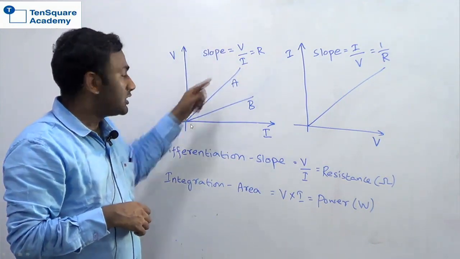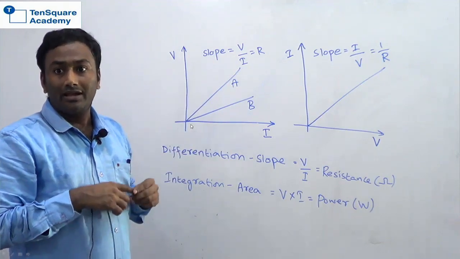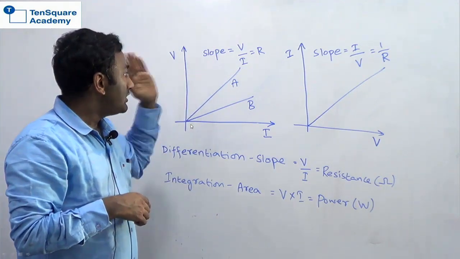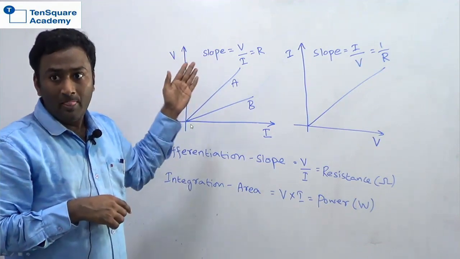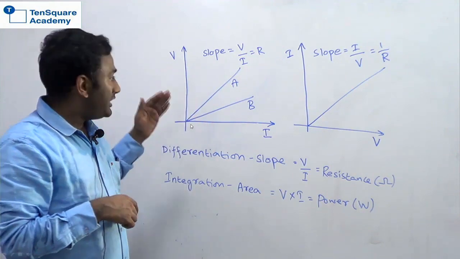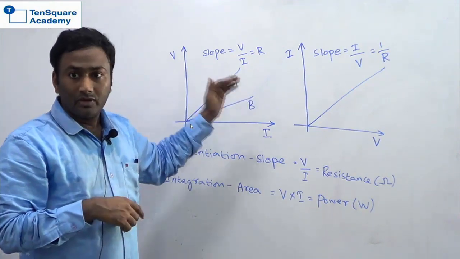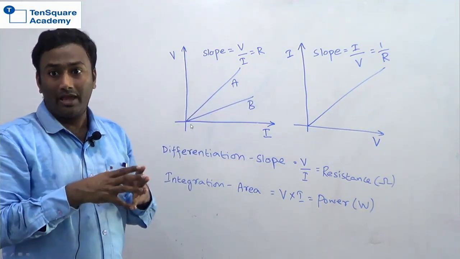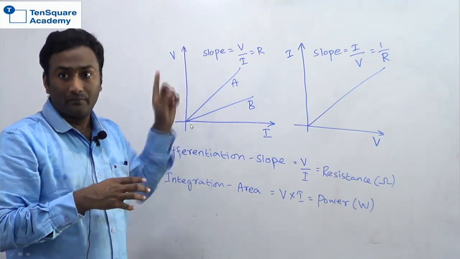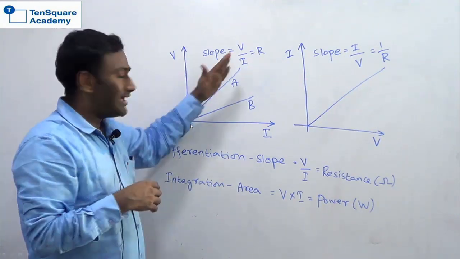You are given two curves A and B. In this, curve A has more slope. So, meaning let us say there are two resistors A and B. In each of them, this is the path. If they ask you which one, A or B, has more resistance, the answer is A, because we will find the slope value.